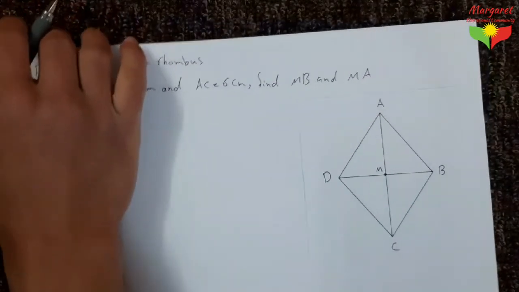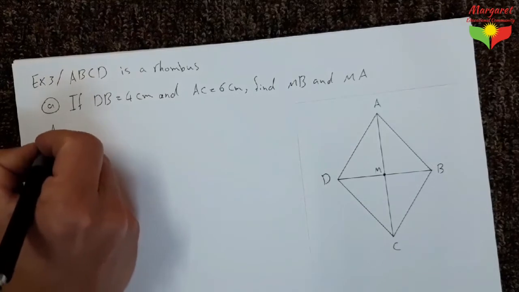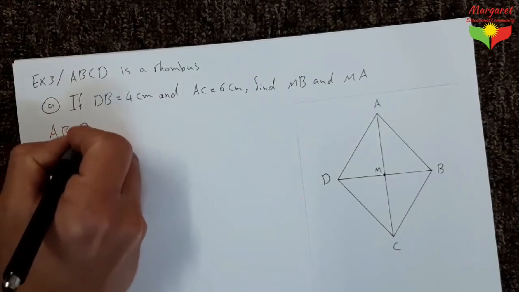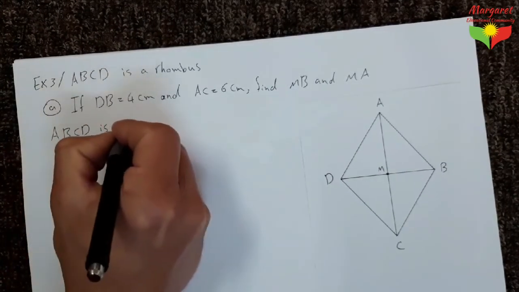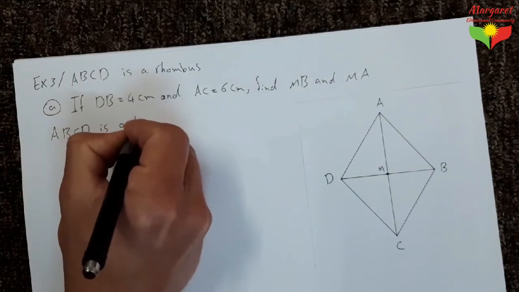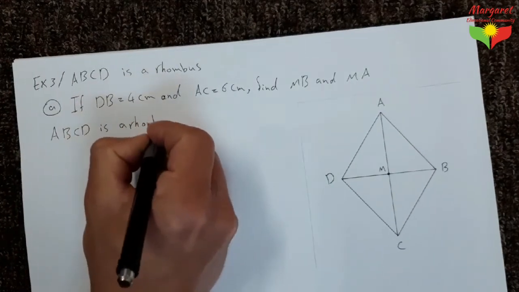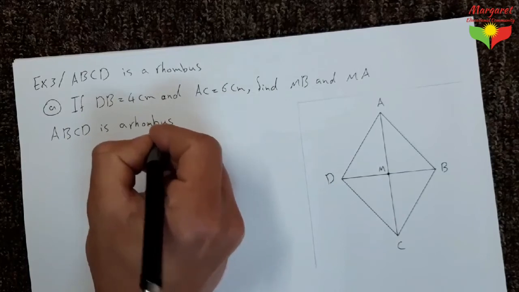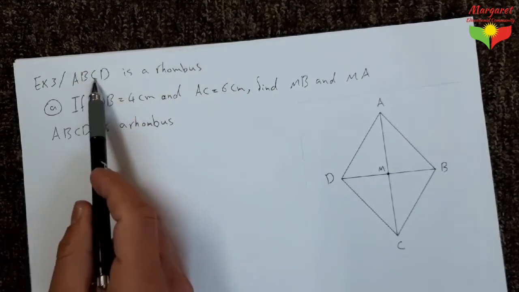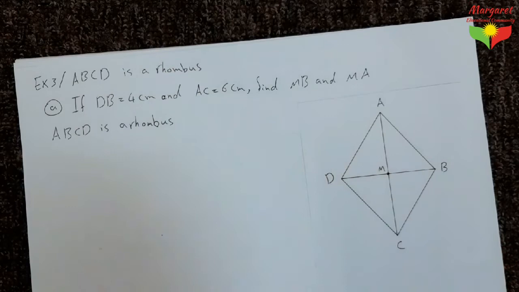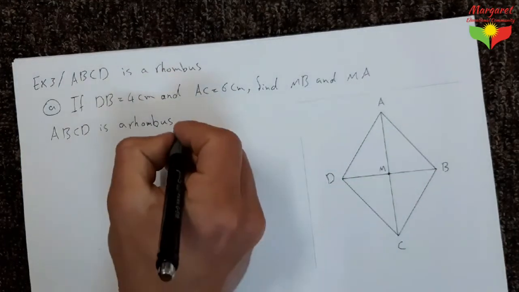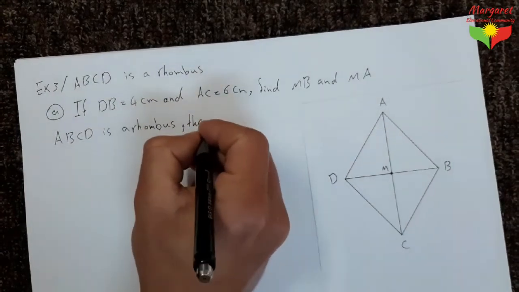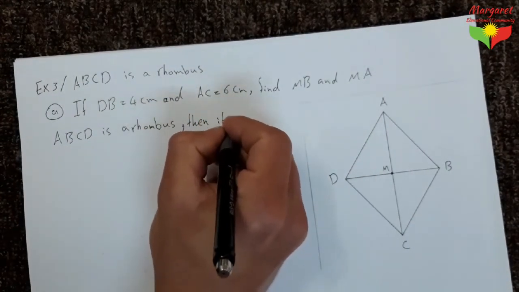Given that ABCD is a rhombus, and we say that every rhombus is a parallelogram, then it is a parallelogram.